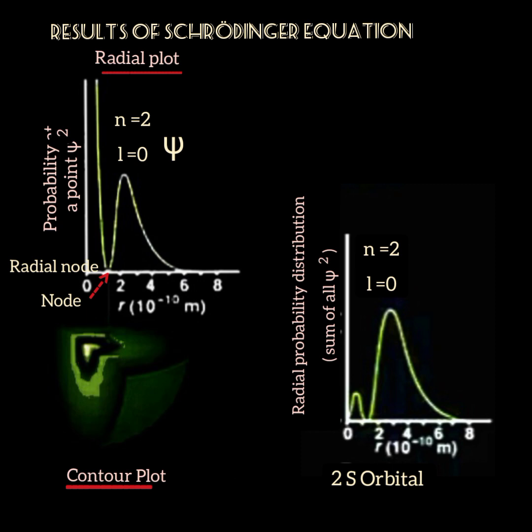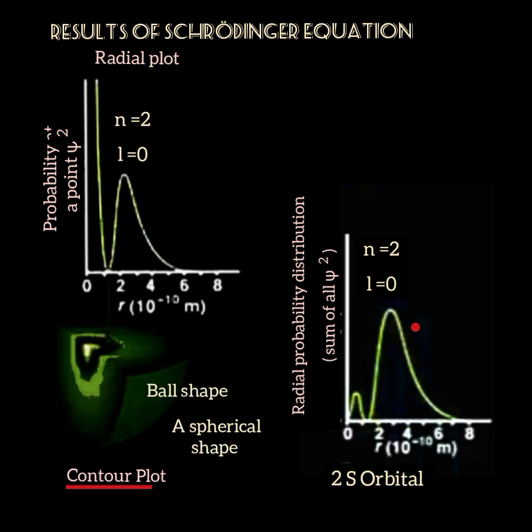Here the dots are very concentrated at the nucleus, and again this is 0 probability of finding the electron, that is a node. This node seems like a ring or a shell. Here we can't see any probability, and further out the probability increases and finally gets small again. The overall shape is a ball, a spherical shape.